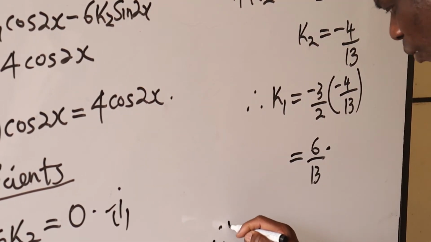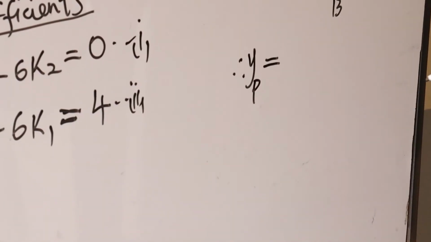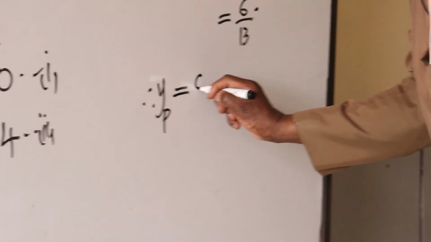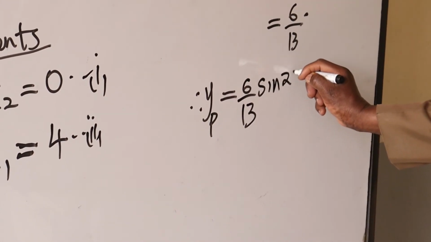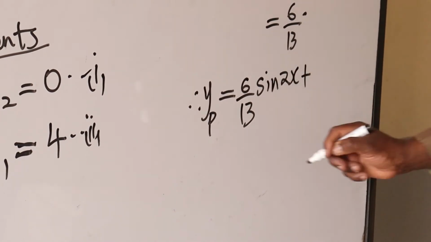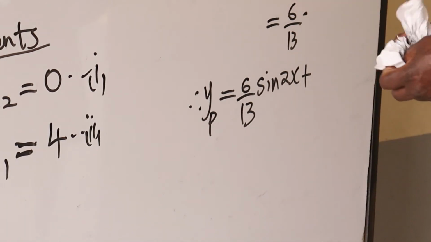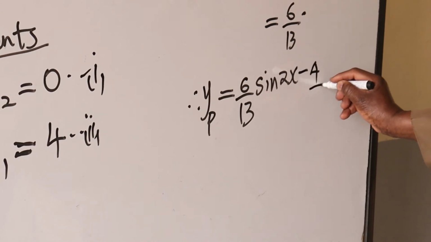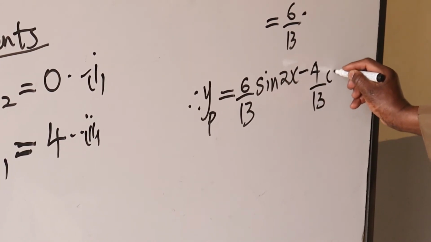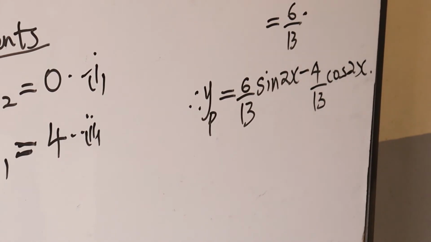Therefore, our yp will be equal to what? k1, 6 all over 13 sine 2x, not plus because our k2 is negative, minus 4 over 13 cos 2x.